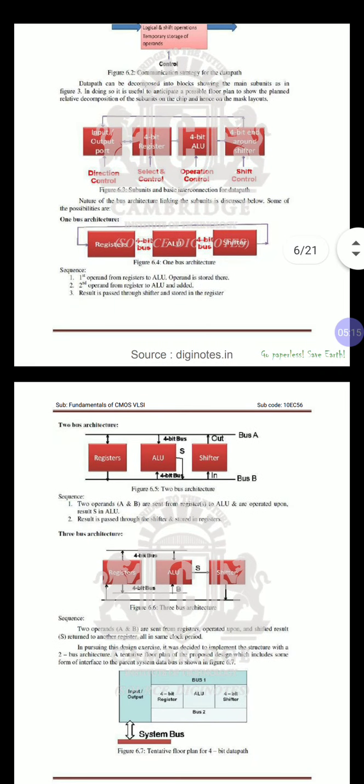And two bus architecture, that means there are two communication paths. Two operands A and B are sent from register to ALU and are operated upon, result S in ALU. Result is passed through the shifter and stored in register.